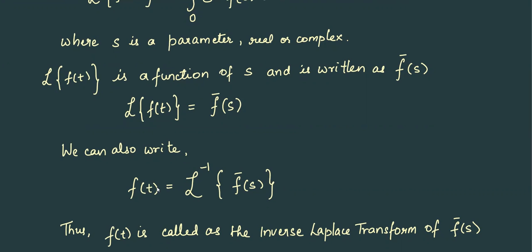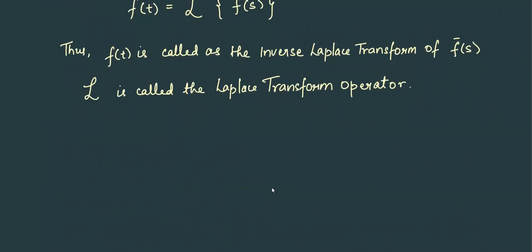And then f of t can be written as the inverse Laplace transform of f bar of s. These operations are very, very useful in simplifying differential equations. It converts the differential equation into a simple linear algebraic problem, which we can easily solve.